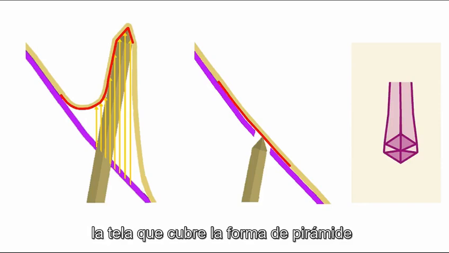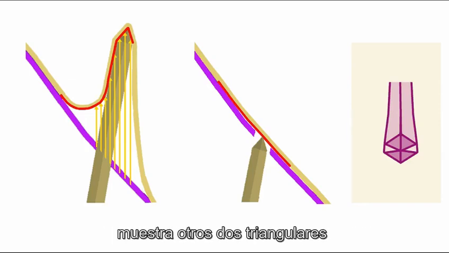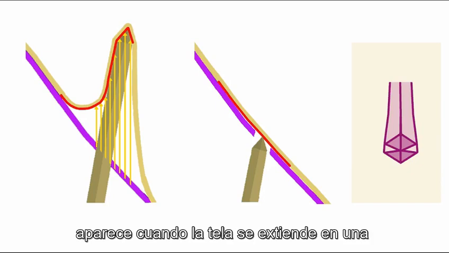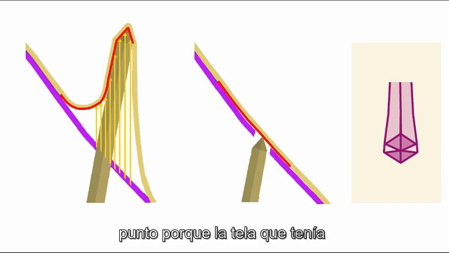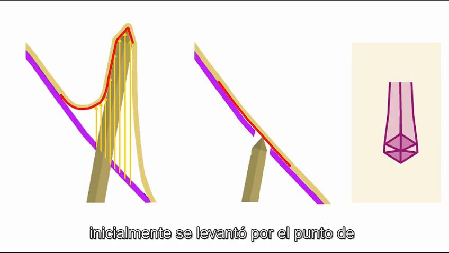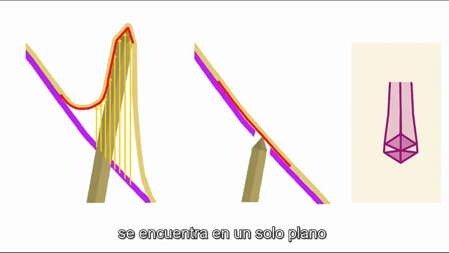Because the portion of the cloth covering the pyramid-shaped point has a bigger surface than the four triangular faces, it displays another two triangular portions, which first encircle two opposite corners of the pyramid and appear when the cloth is spread out on a plane. The nail image widens towards the point, because the cloth, which had initially been lifted by the point to form two planes like a sloping roof, now lies on a single plane.